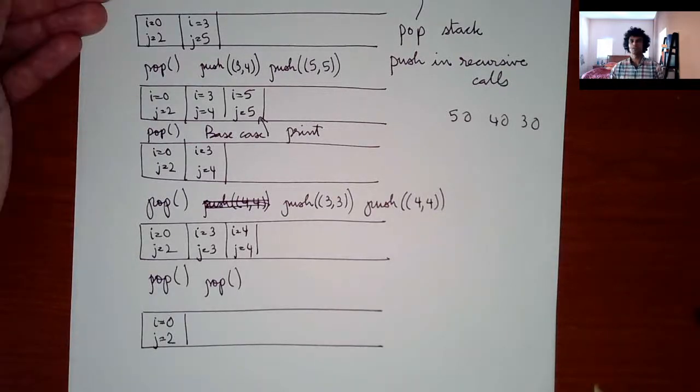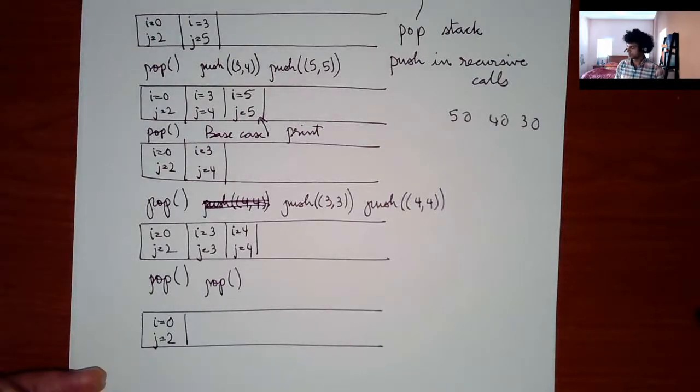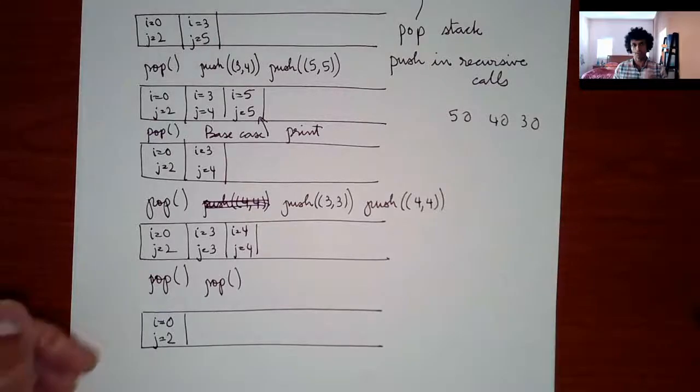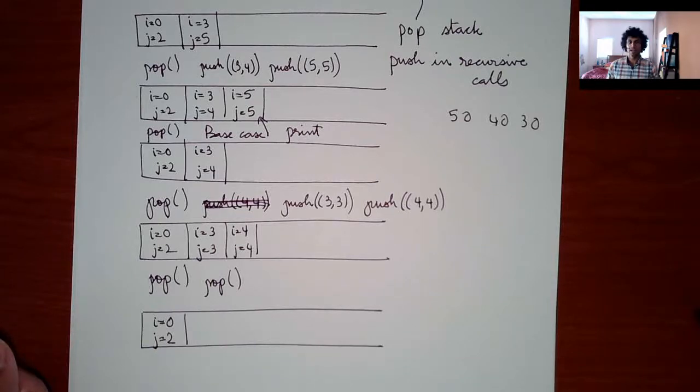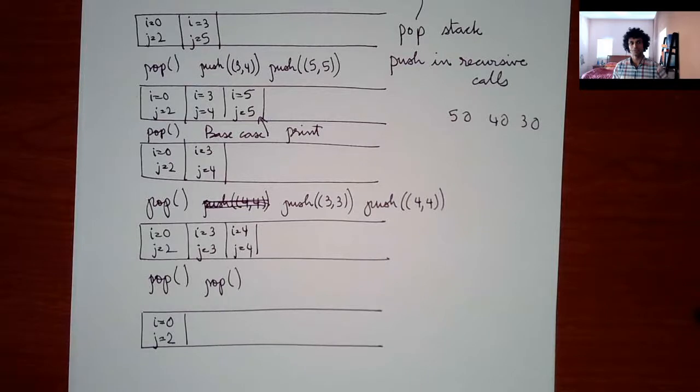One way to think about this is what the operating system is doing. If you think about recursion, how does the operating system know which call you're dealing with? It's keeping track of everything using a stack. So I'm showing you the stack of recursive calls.